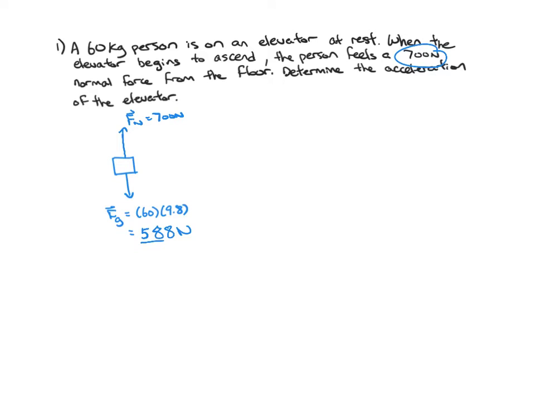As you can see, the upward force beats the downward force, which makes sense because it says the elevator starts at rest and starts moving up. So the only way to do that is if it can accelerate up. So in order to determine the acceleration, use Newton's second law.